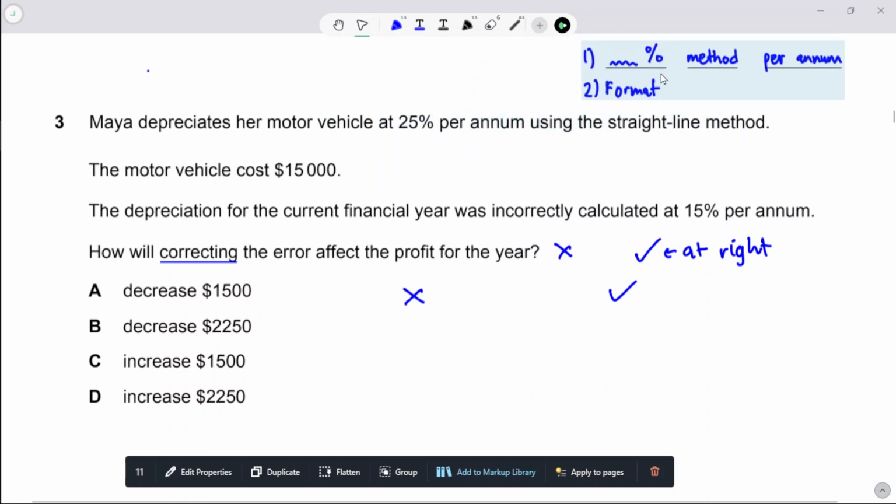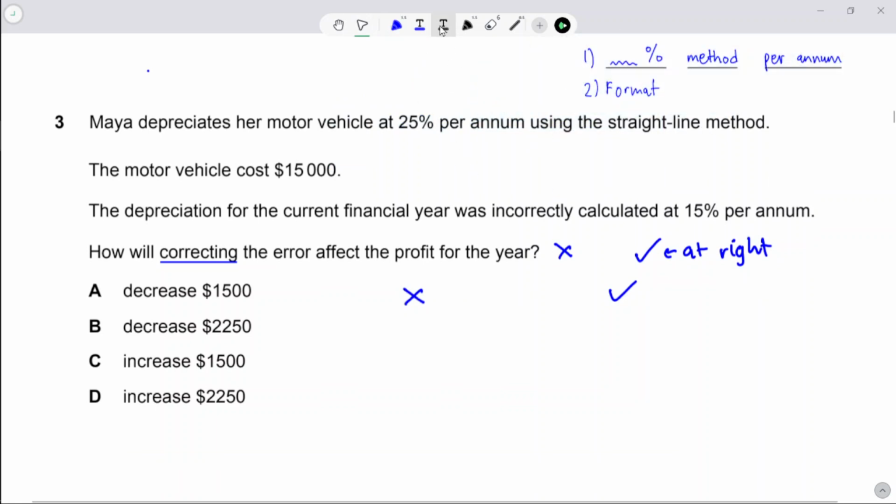So the thing we need to underline percentage method and per annum. So this one is correct one.